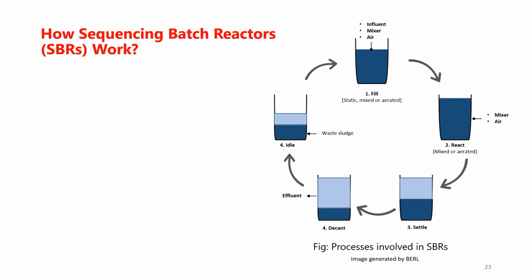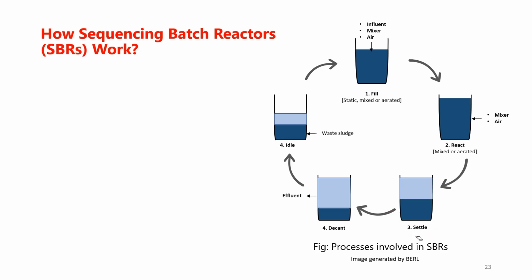Let us look into the working of a sequencing batch reactor. So, here we have the influent, mixture and air. We fill it up, which is static, mixed or aerated, and then in step 2 the reaction, where the mixing or aeration takes place, and we allow the reaction to happen for some time interval, after which the sludge will settle down.